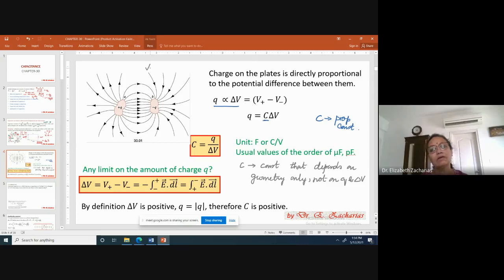Anyone? A plus Q or minus Q separated by a distance. What is that? Electric field line. These are also electric field lines.